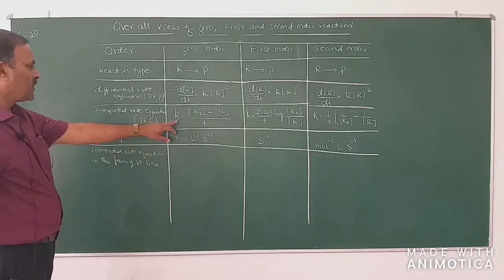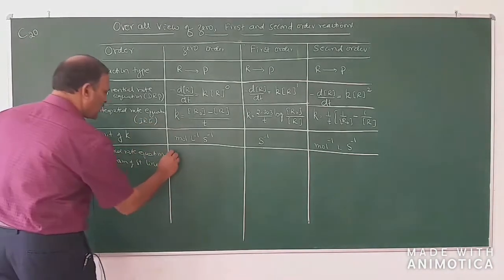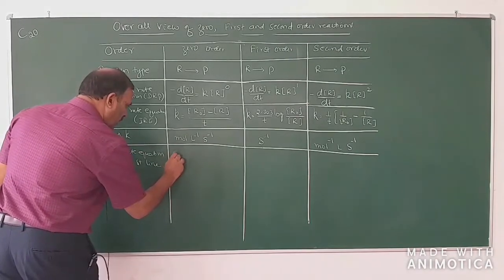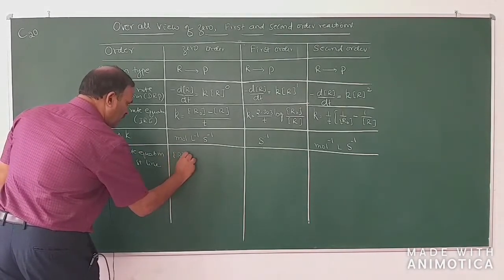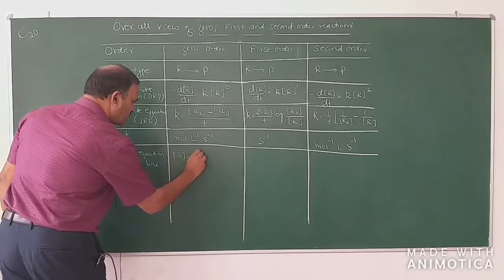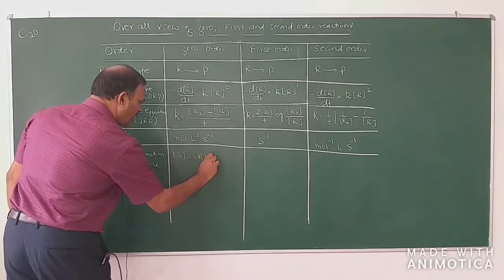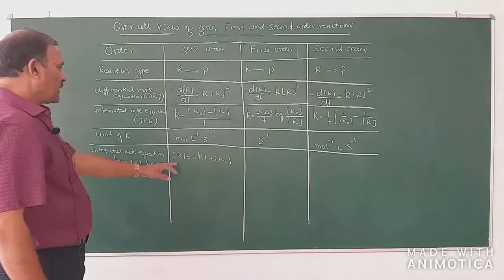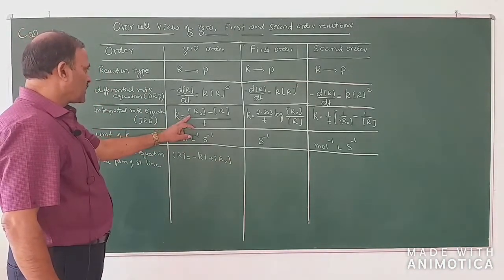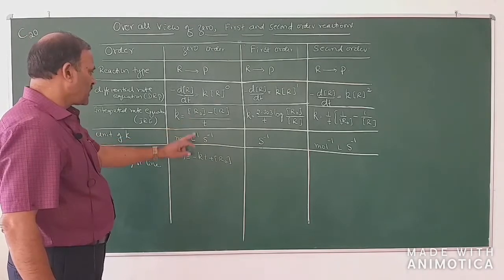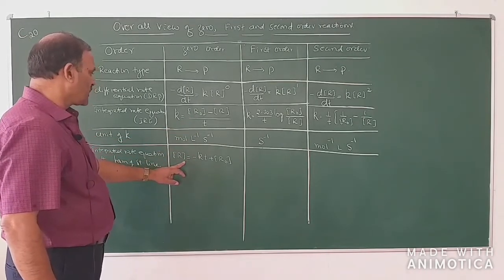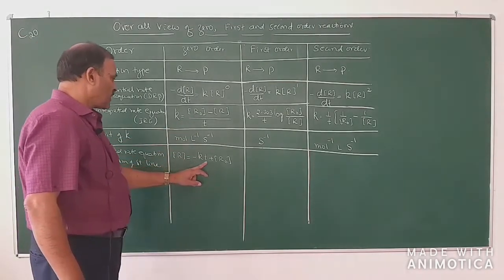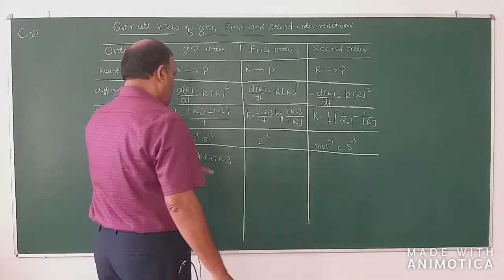Integrated rate equation in the form of straight line for zero order reaction is R equals minus KT plus R naught. When this integrated rate equation is arranged in the form of a straight line, you will get this equation: R equals minus KT plus R naught.